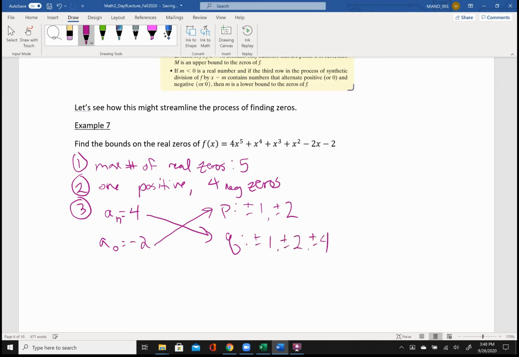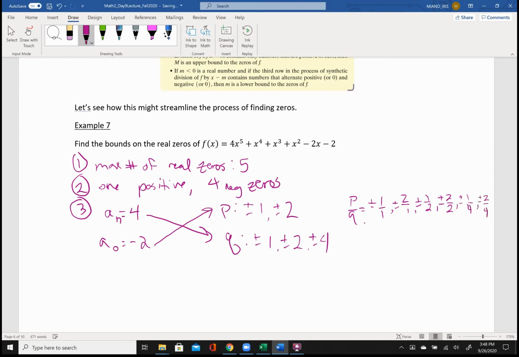Okay, so therefore your P over Q list is going to be plus or minus 1 over 1, plus or minus 2 over 1, plus or minus 1 over 2, plus or minus 2 over 2, plus or minus 1 over 4, almost there, plus or minus 2 over 4.